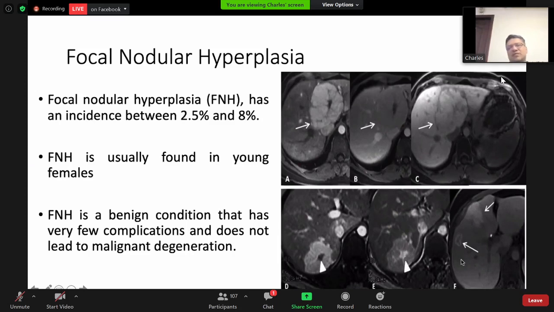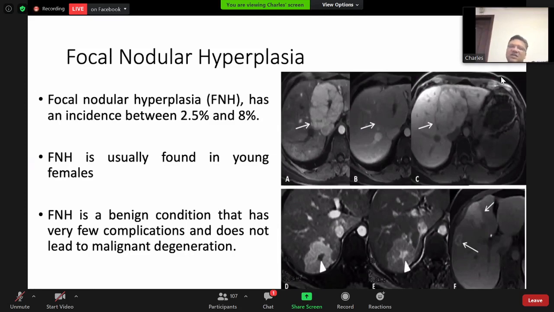One of the differentiating features between FNH and hepatocellular adenoma is that if we use a hepatospecific contrast agent, you can see that the FNH retains the contrast in the hepatobiliary phase. So what happens with hepatospecific contrast agents like Eovist or Primovist?